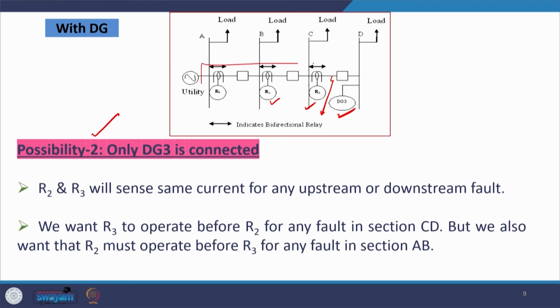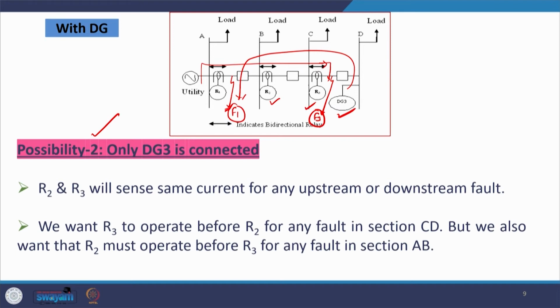So, the utility will feed the current, and if a fault occurs at the upstream side at F1, then also the current fed by this DG will flow like this. So, the current flowing through R2 and R3 remains the same; it is fed by DG3 only.